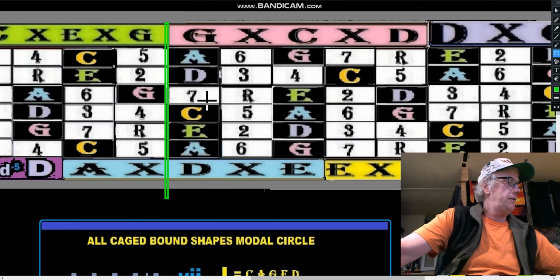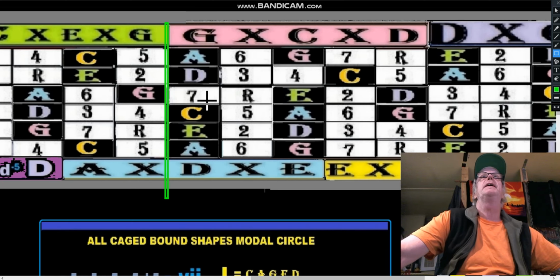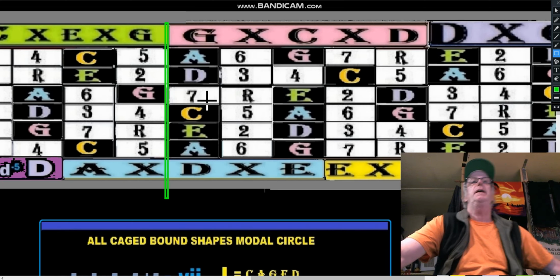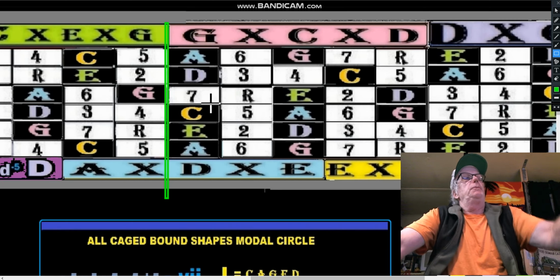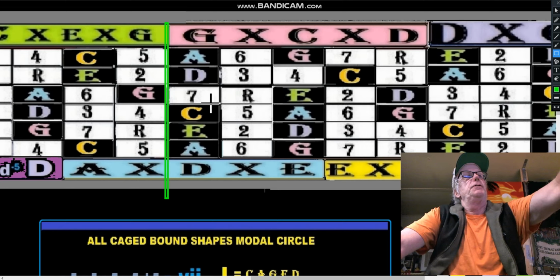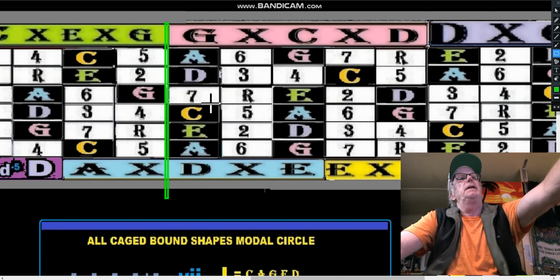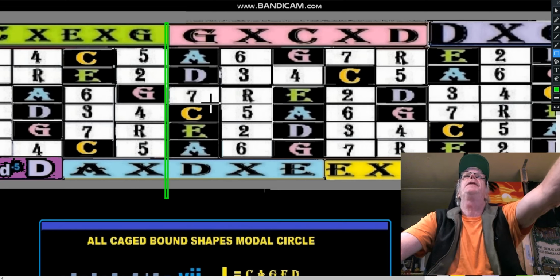Now that was in the key of A. So that 2, 5, 7 in the key A would be the fifth of A. Second inversion would be a B, an E, and a G sharp. Was I correct with that?